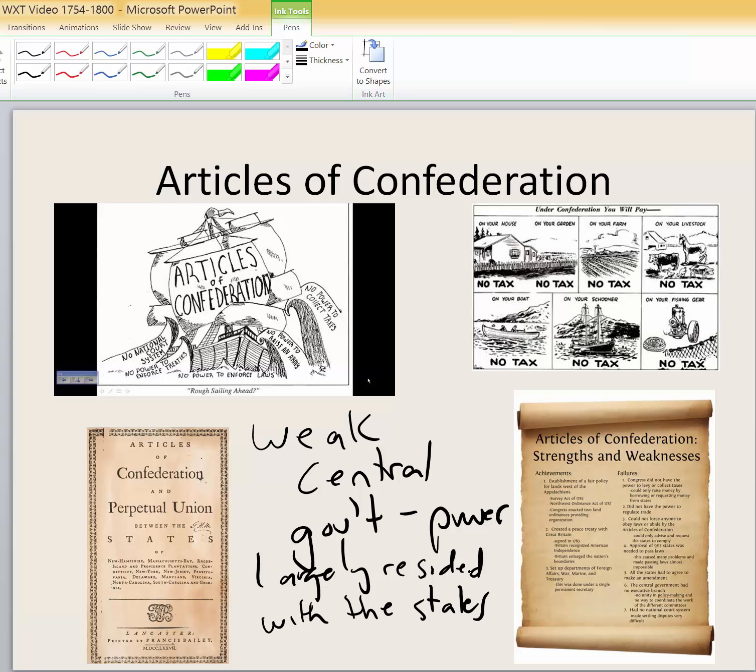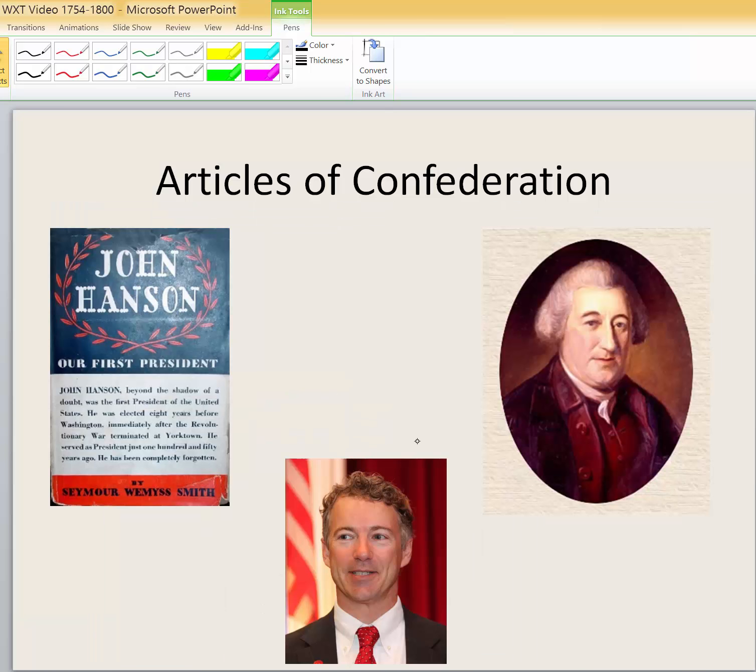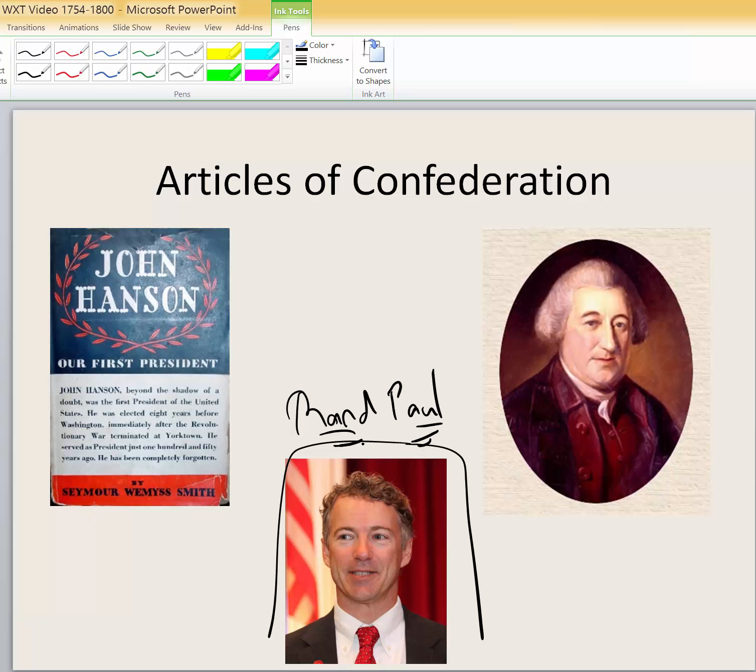One person in particular who would make that argument is this man, and his name, some of you are saying it right now, is Rand Paul. Again, this is today. Rand Paul is largely in favor of a states' rights document.